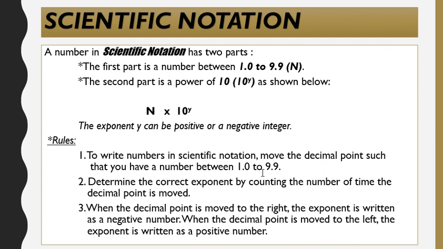So how many times we moved the decimal point is our exponent. Third, when the decimal point is moved to the right, the exponent is written as a negative number. But if we move the decimal point to the left, the exponent would be positive. So let's have an example.